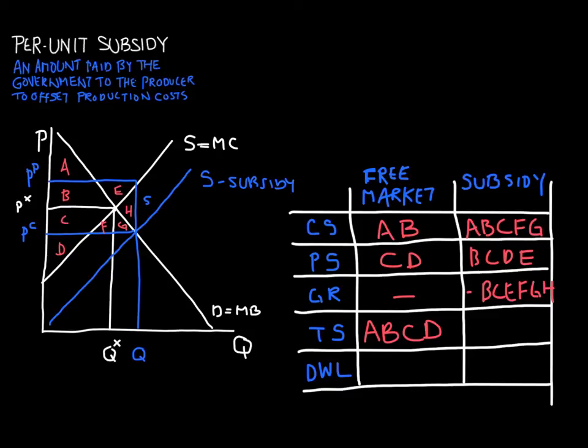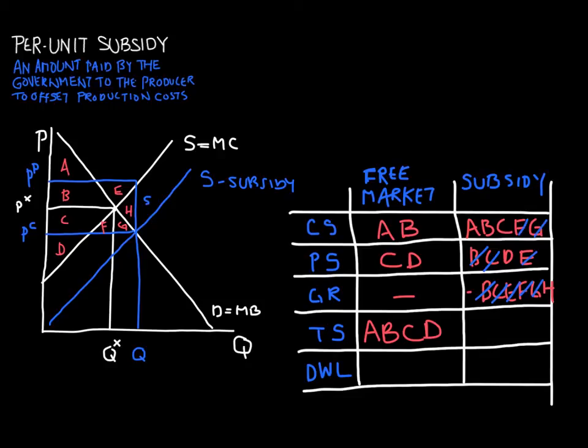Well, now we just have to add up to get total surplus. So what we're going to have to do is add consumer surplus and producer surplus, and then remove the expense of the subsidy. So this is a little tricky, so sometimes one might just want to scratch it out, so you can have B, B, C, C, E, E, F, F, G, G. So those are the things that cancel.